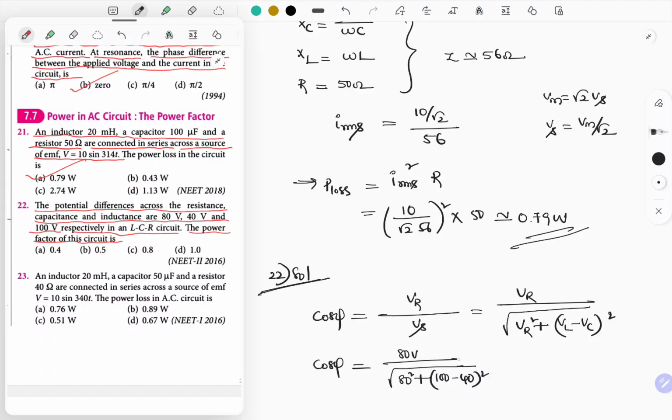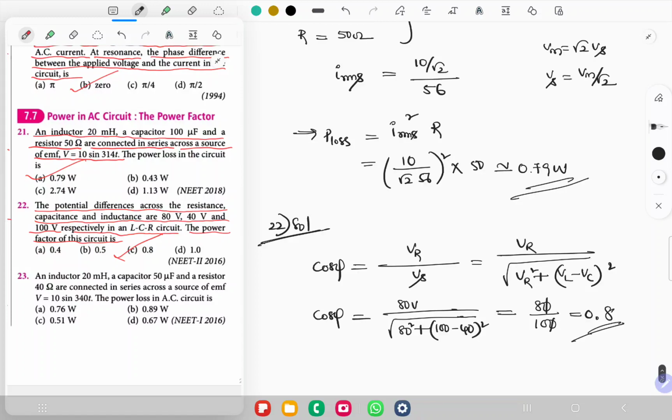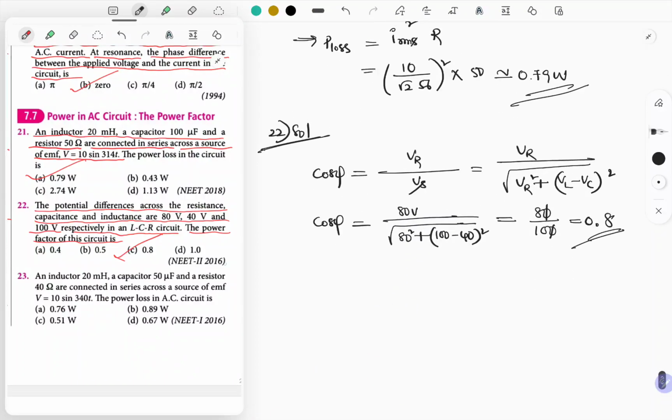It's going to be 60 square, right? 80 square plus 60 square is going to be 10,000. That means the root is going to be 100. So the 0 will get cancelled. 0.8. They are asking power factor, not phase difference. So option C is the suitable answer. Next question number 23.